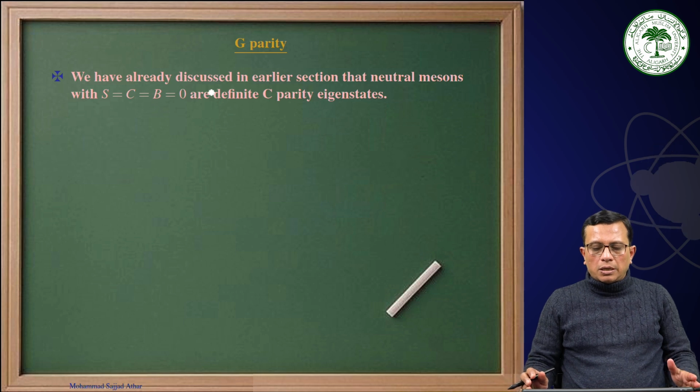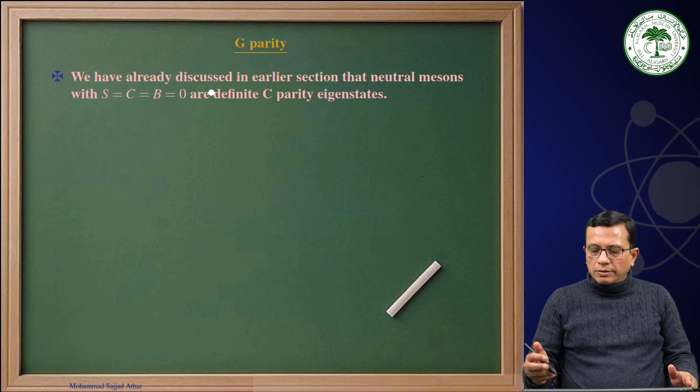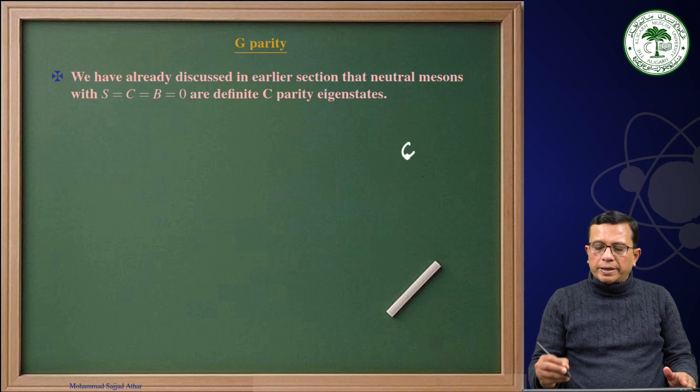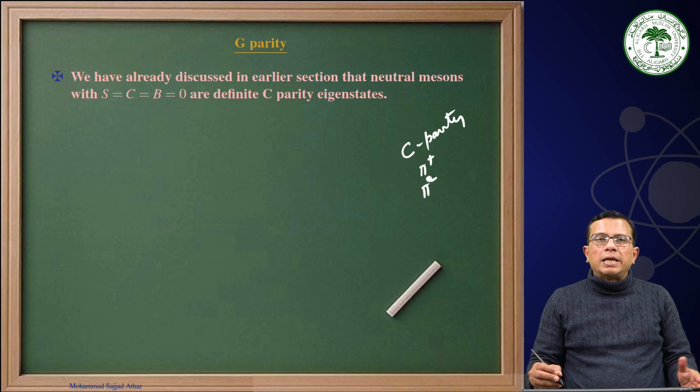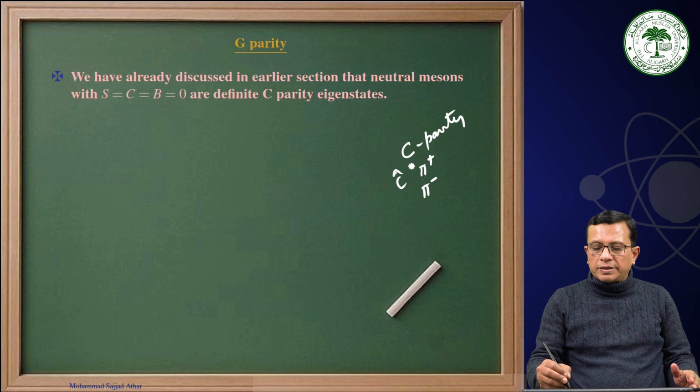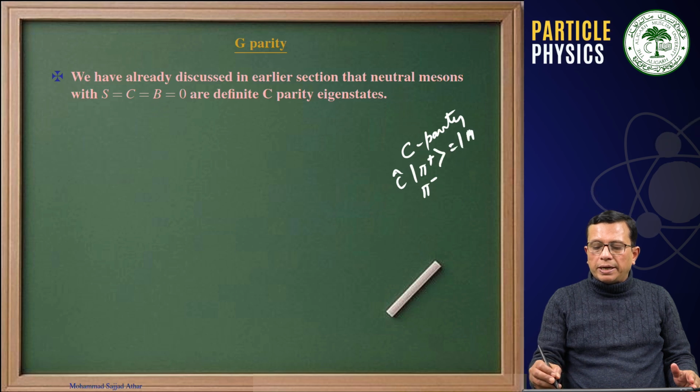Now we have seen that when we talk about C-parity, the pi plus and pi minus states are not good eigenstates, because when C operates on this we get a pi minus, or when C operates on this we get pi plus.